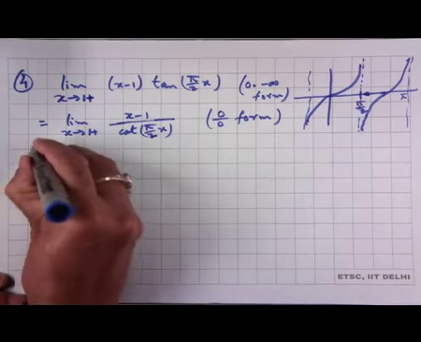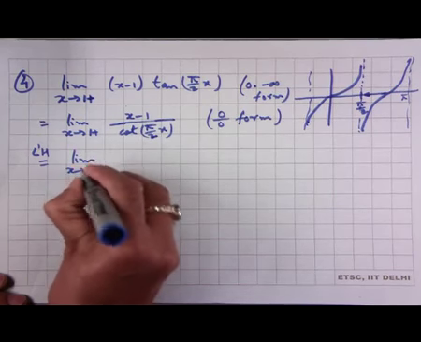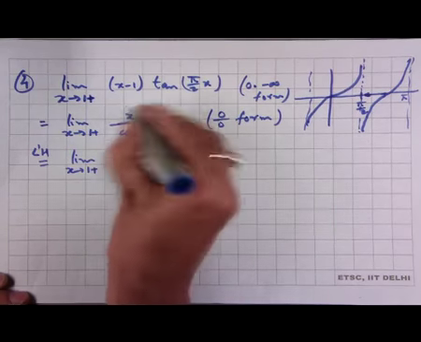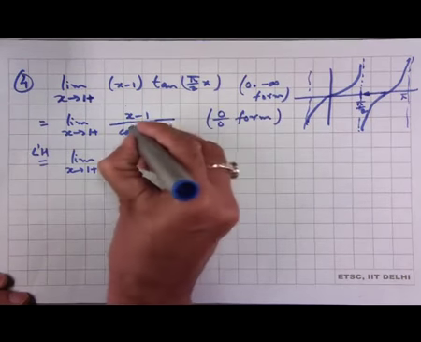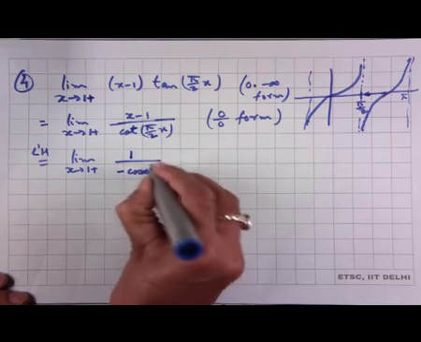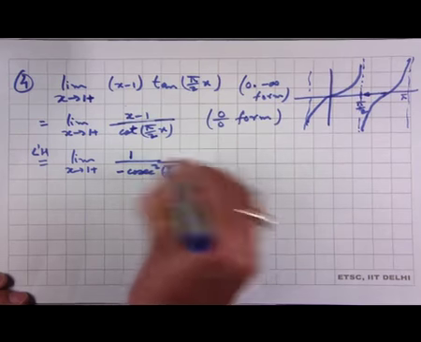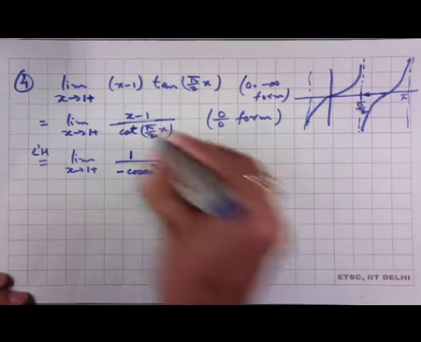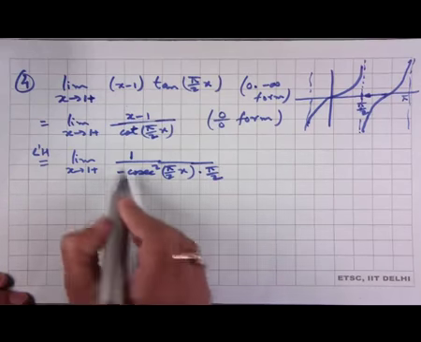If we apply L'Hopital's rule, this is equal to the limit as x goes to 1 plus of the derivative of x minus 1, which gives 1, divided by the derivative of cotangent, which is minus cosecant square of pi by 2 x times the derivative of pi by 2 x, which is pi by 2.